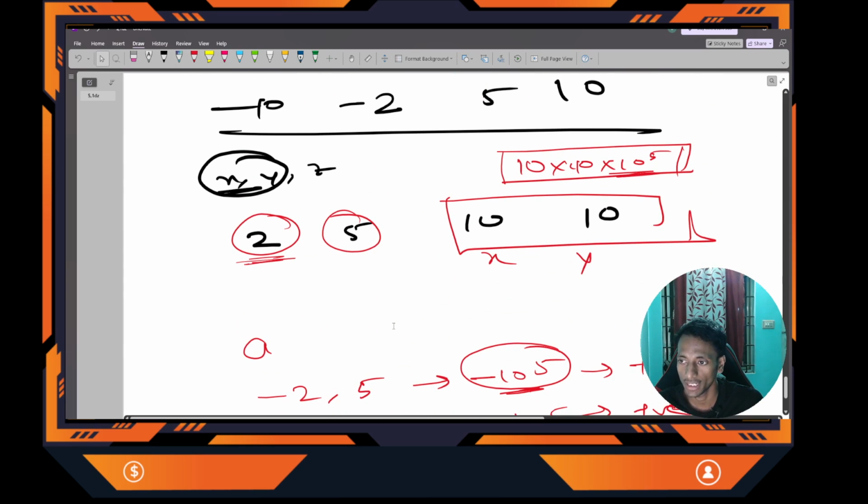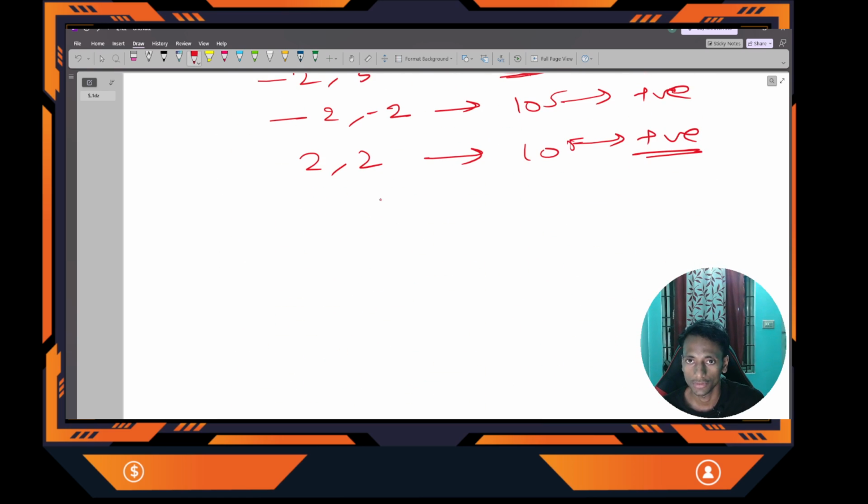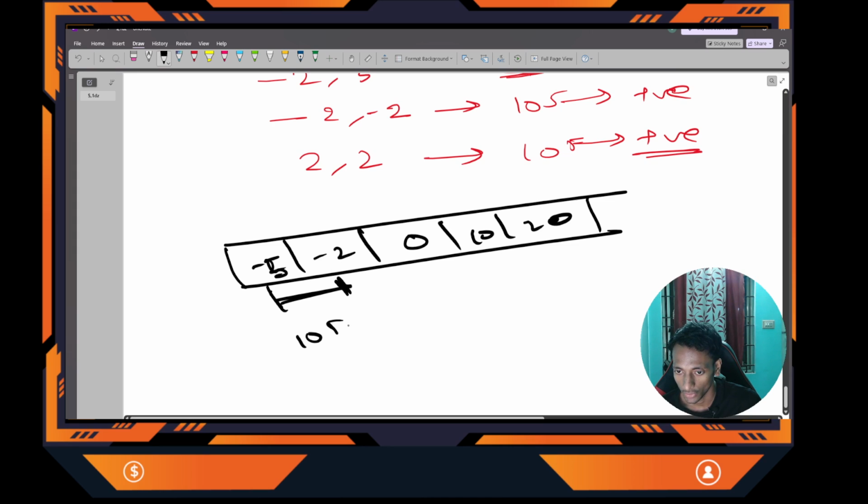If you don't want to take the absolute value, then you have to search. Suppose in this situation you have -5, -2, 0, 10, 20. You have to take the first two smallest numbers and multiply them with 10 to the 5 and with minus 10 to the 5.